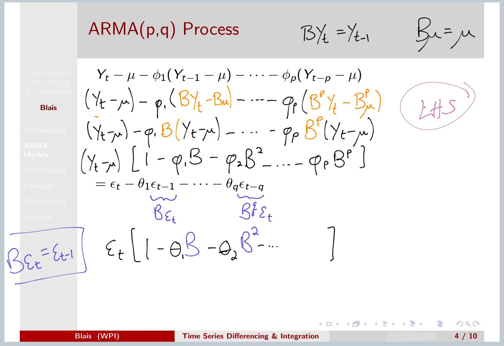And we go all the way down to finally a negative theta q B to the q. And we see now on the right-hand side, we also have a polynomial in the backwards operator.